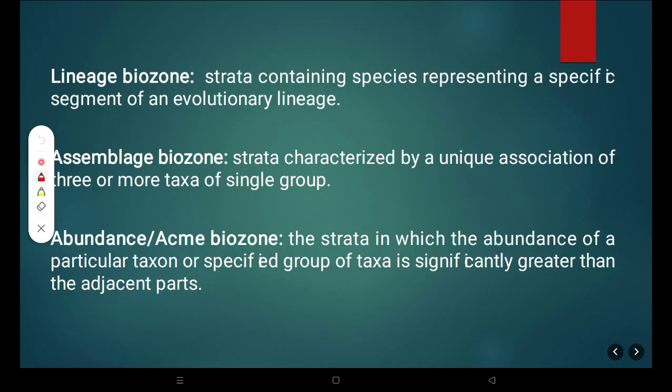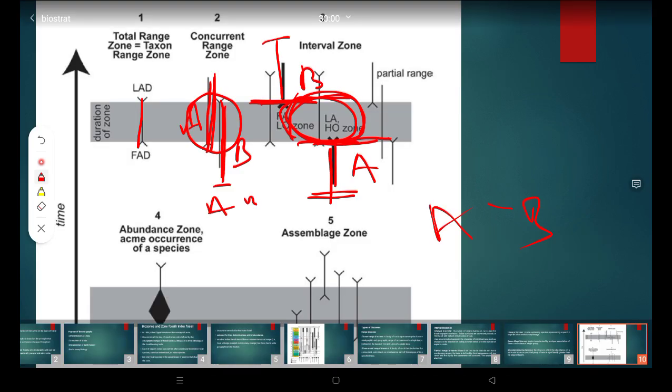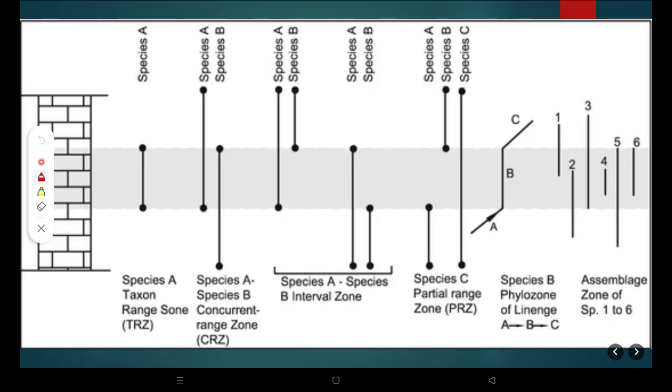Then we will go to the lineage biozone. What is a lineage biozone? These are strata containing species representing a specific segment of the evolutionary lineage. Here is another image. This is the lineage biozone. Here species A is there. Species A continues with some evolution, then species B appears, then species C appears.